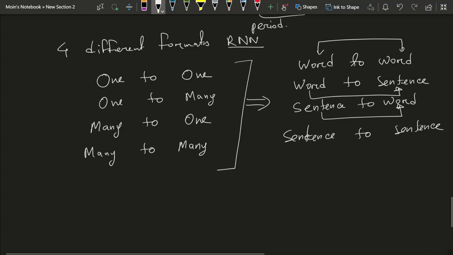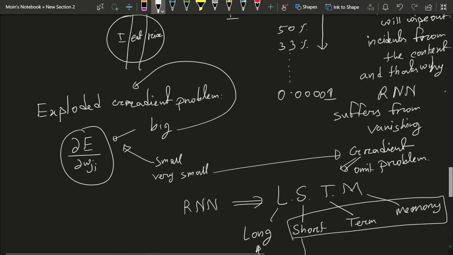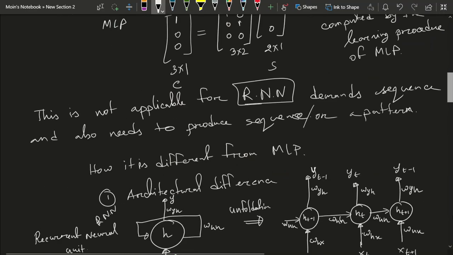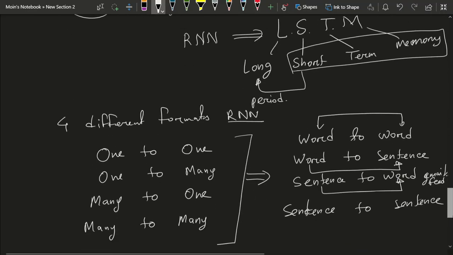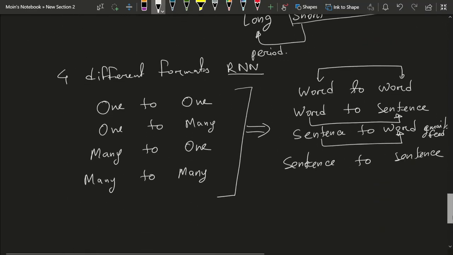Sentence to word is quite similar to our email or Gmail feedback suggestions, which could be a proper example of this. And sentence to sentence means what ChatGPT actually does. If you provide a sentence, it generates and keeps answering you with sentences.